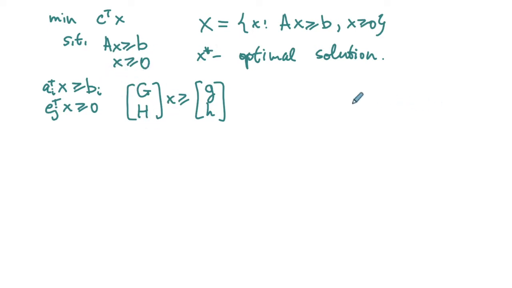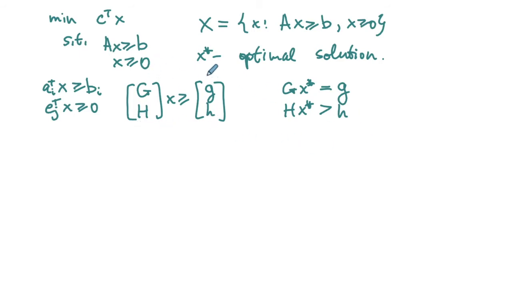So essentially this means that if we consider G times x star, then it will be equal to g small, because again the upper part of this system corresponds to the binding constraints, and then H times x star is strictly greater than h small, because this part of the system corresponds to the non-binding constraints.